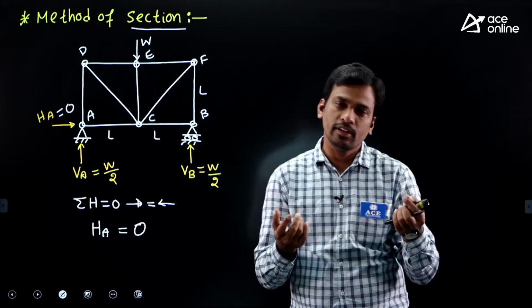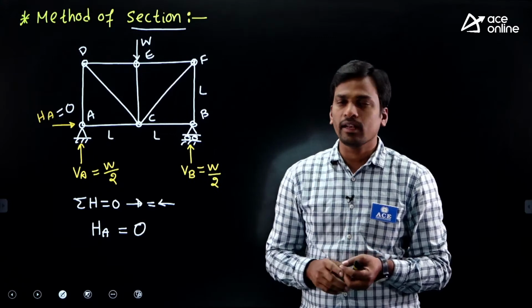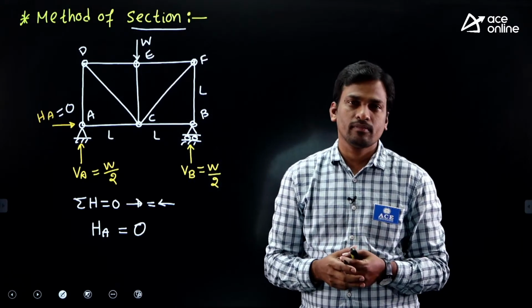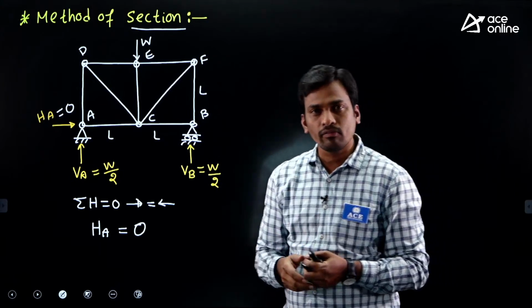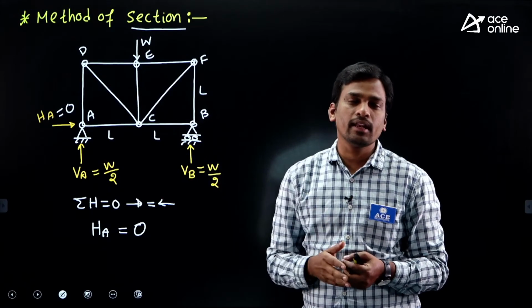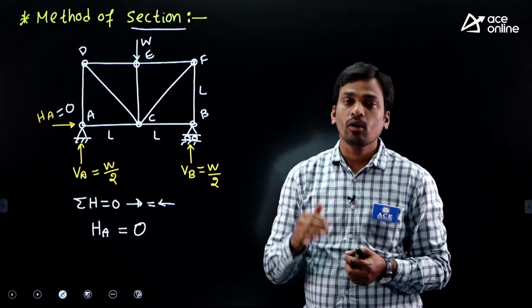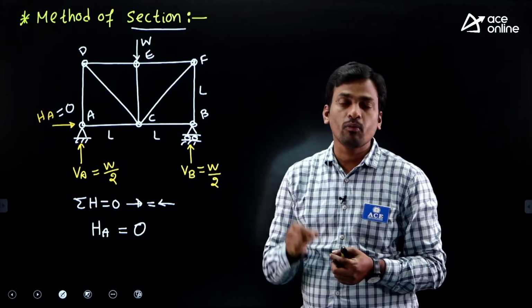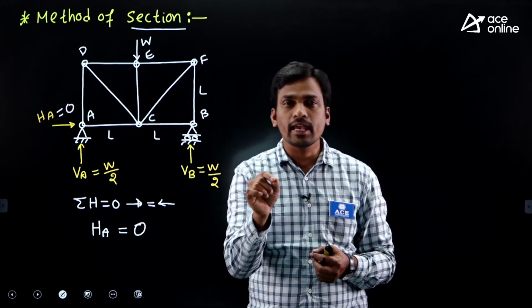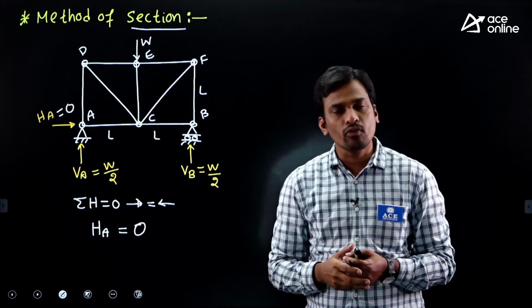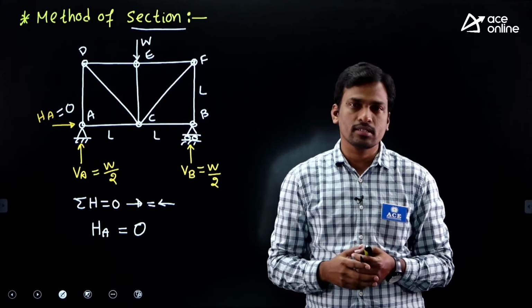Similarly, in a member, internal forces are there. How to know the internal forces? Cut that member. But practically, we never cut the member. We have to imagine a cut. That is the meaning of section. Section is an imaginary cut to know the internal forces, nothing but member forces.